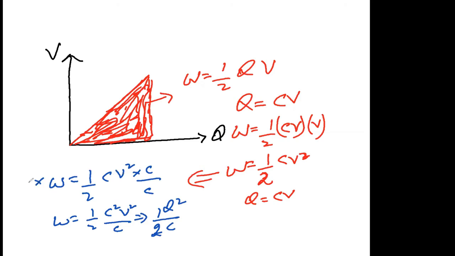So if I multiply C over here and divide by C, then from C divided by C I get C square V square divided by 2C. Actually C square V square is equal to Q square, so this will be Q square divided by 2C.